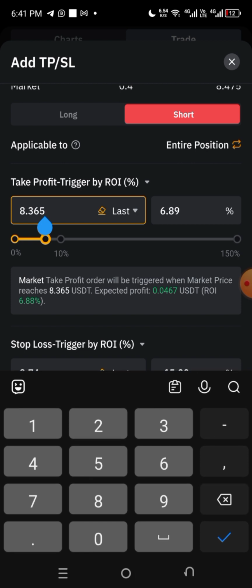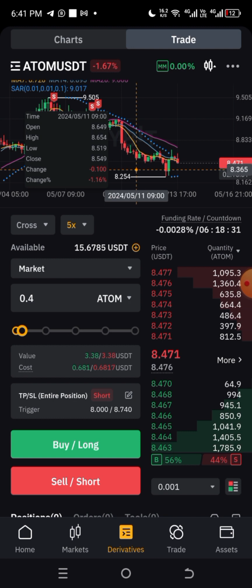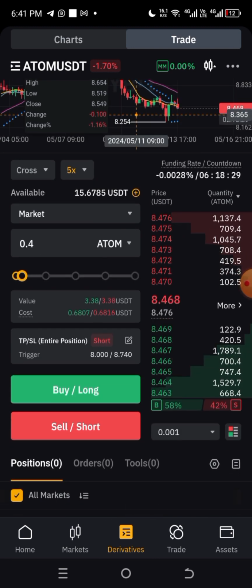Let me reduce this a little. Let me put it 8.0. So I'm risking 0.1 to get 0.19. All right, that's what I'm risking. So I'll click on confirm, and then I click on sell short.